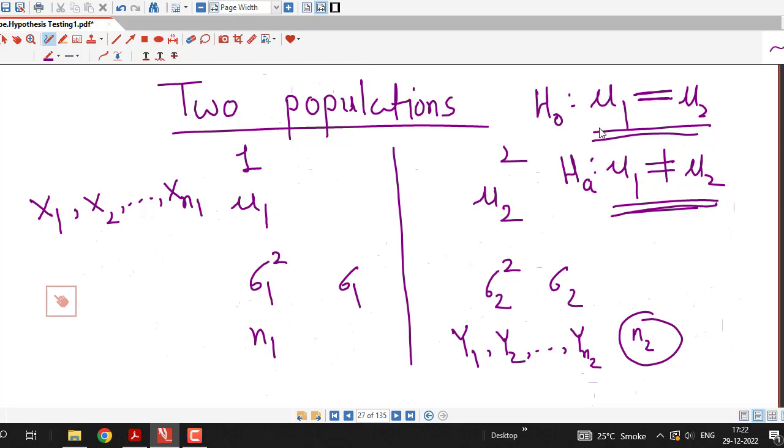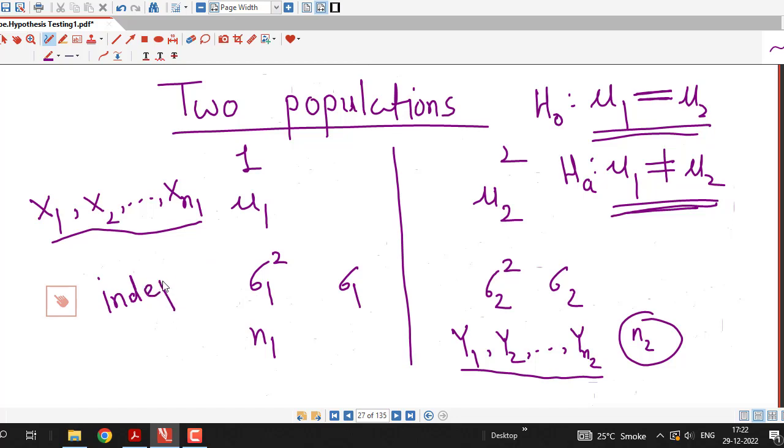So for that we have to apply the two-sample Z test. But before applying that two-sample Z test, we have to make some assumptions. First assumption is that we are considering these samples randomly from the given populations. Second assumption is that these two samples are independent of each other.